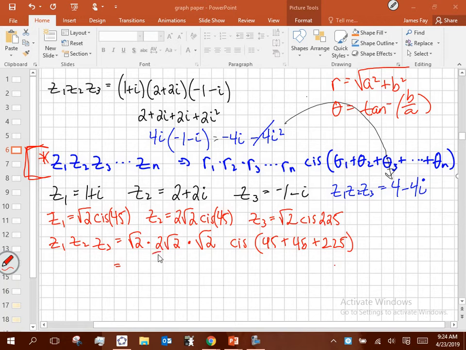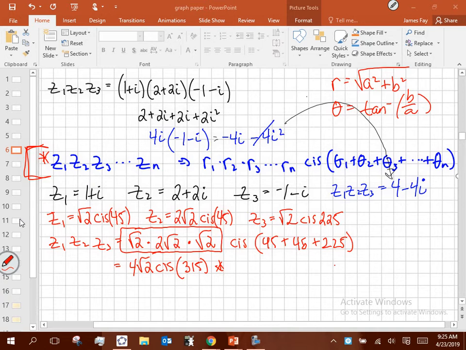Times that 2 would be 4, times my radical 2. So that turns into 4 radical 2. Then you have cis of 45 plus 45 plus 225, 315. That right there is the product of Z1, Z2, and Z3 in polar form.